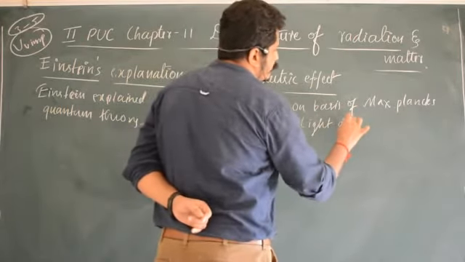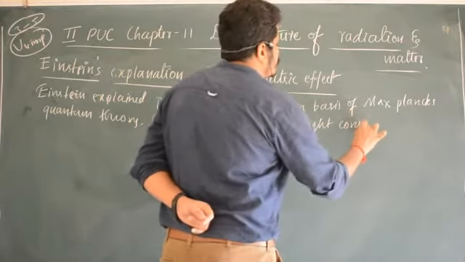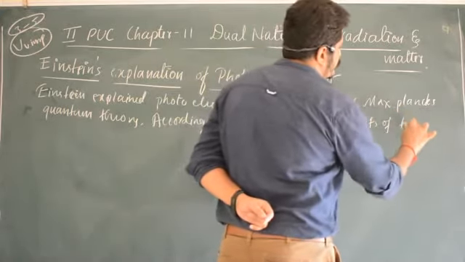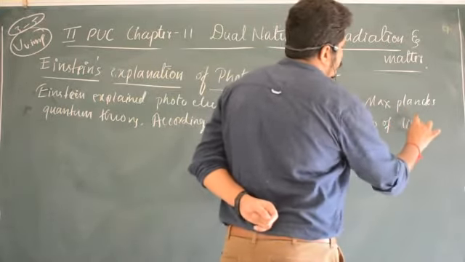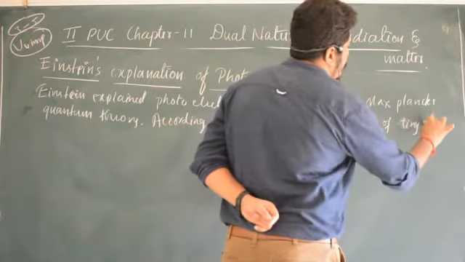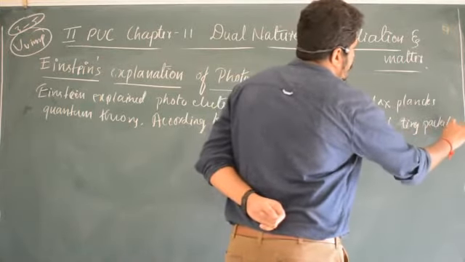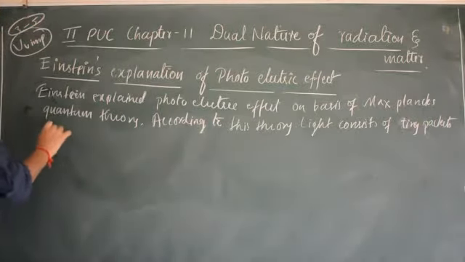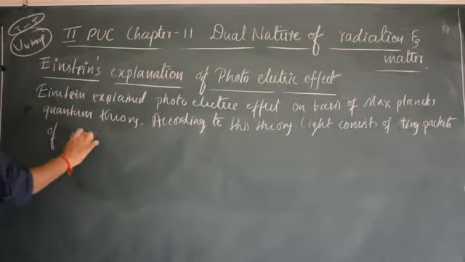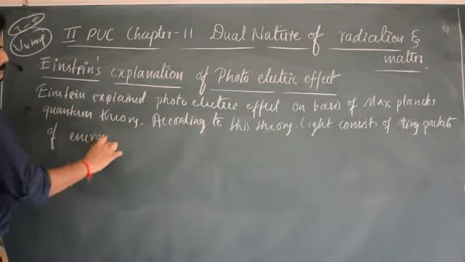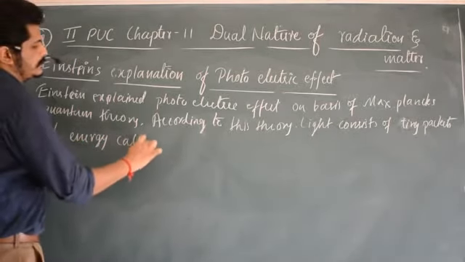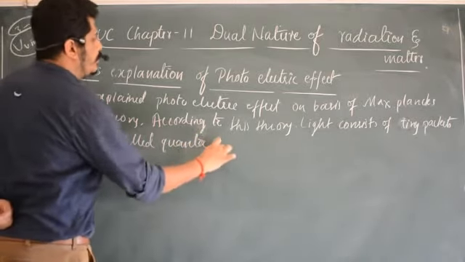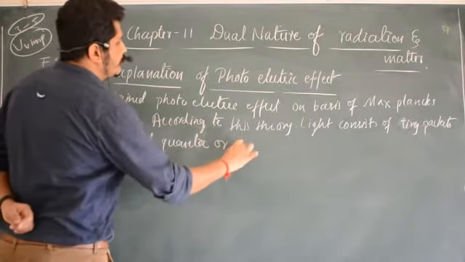Light consists of tiny packets of energy called quanta or photons.